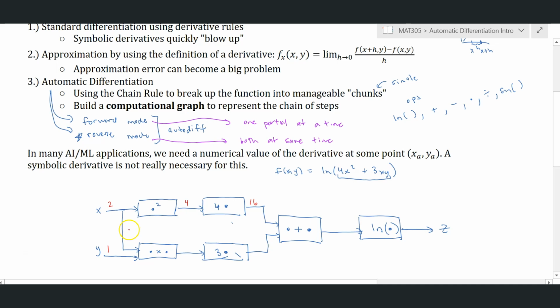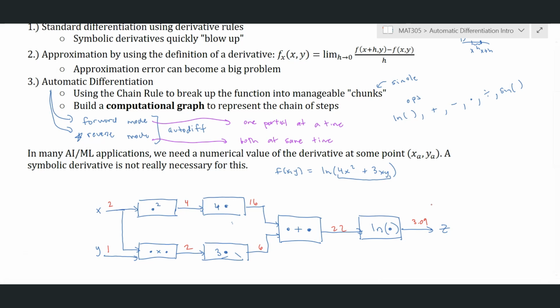Down on this bottom chain, we'll have a 2 and a 1 entering, so that'll give us 2 times 1, which is 2. Then it'll get tripled, giving us 6. These two values will get added together. That will give us 22. And now we just need the natural log of 22, which comes out to about 3.09. And so there is our output of 3.09.